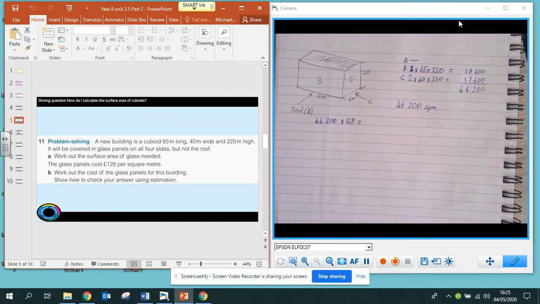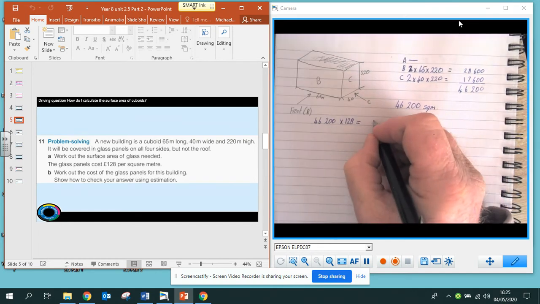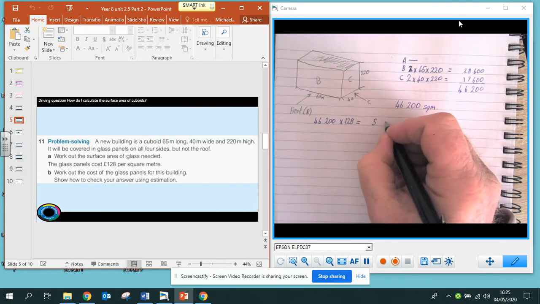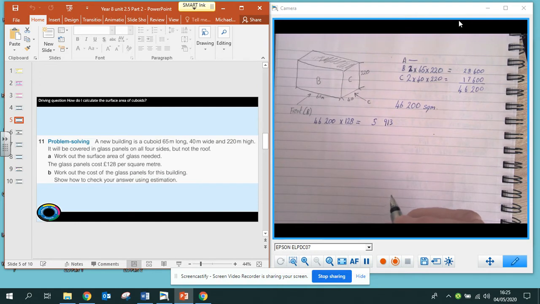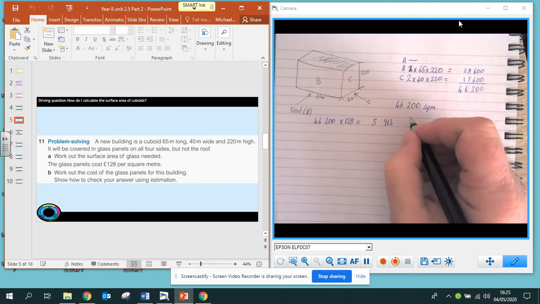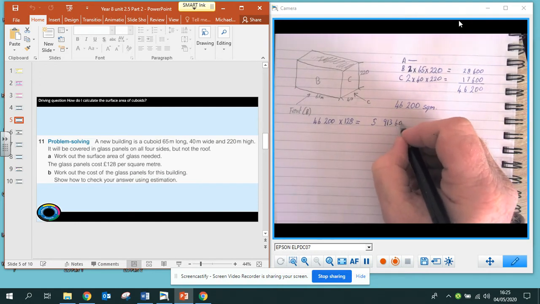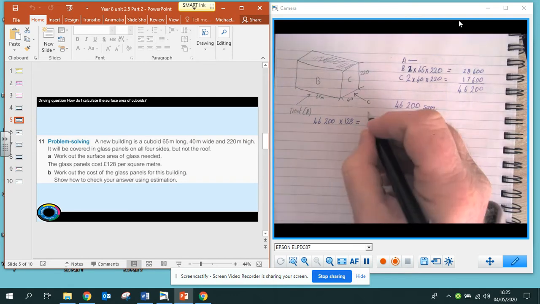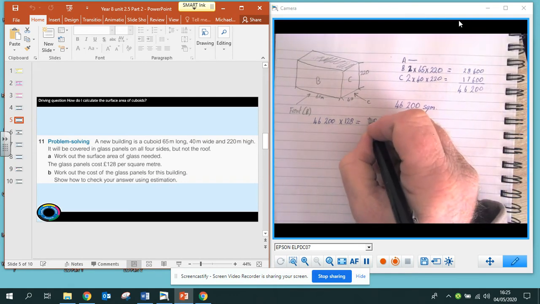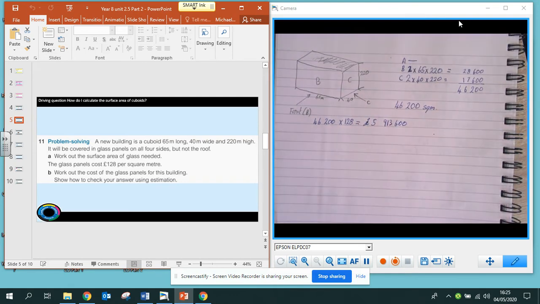If I multiply that together, I get 5,913,600. And that is pounds. Nearly £6 million. Can't buy a footballer for that.